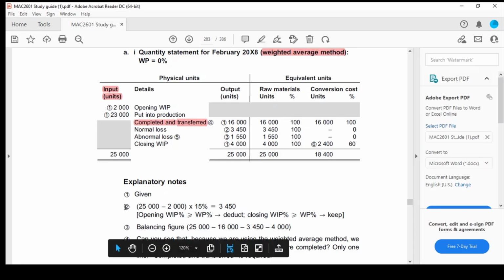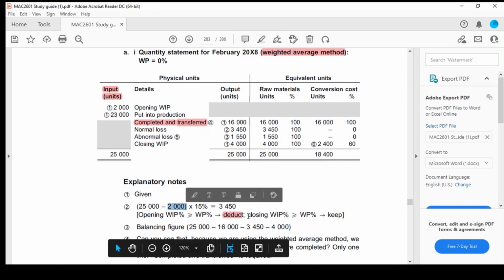Your normal loss, that's where we start that whole process of scenarios. We started with 25,000 units. You ask yourself, was the opening WIP percentage more than or equal to your wastage point? It was more than, so you have to deduct that 2,000.